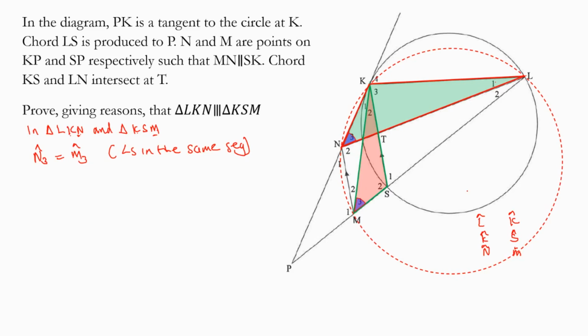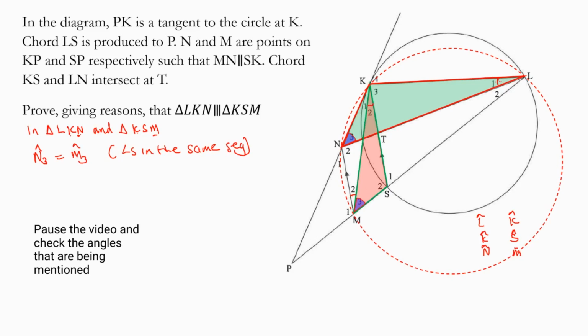The second one, what can we say? If you check, angle L1 is equal to angle M2. They are subtended by NK. But if you check again, this angle M2 is equal to angle K2. Do you agree?